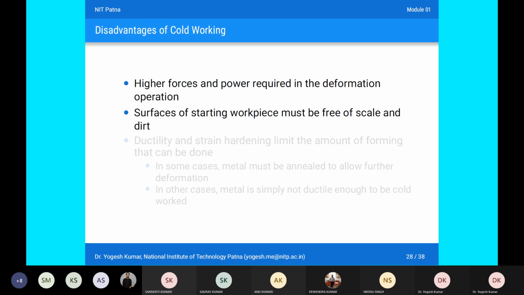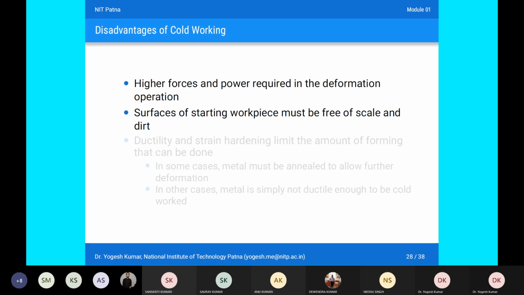Another disadvantage is that if there is any surface irregularity in your initial ingot, or your initial metal piece, then it may distort your final product.